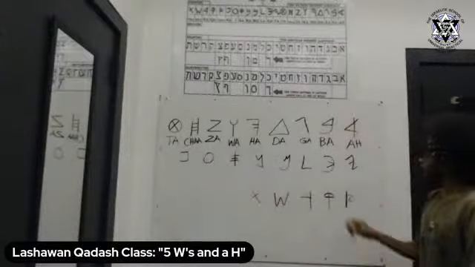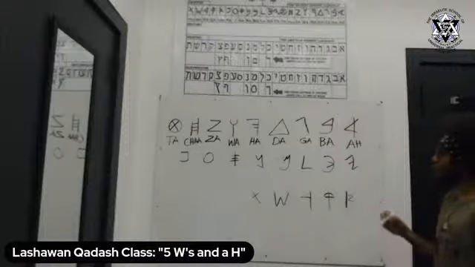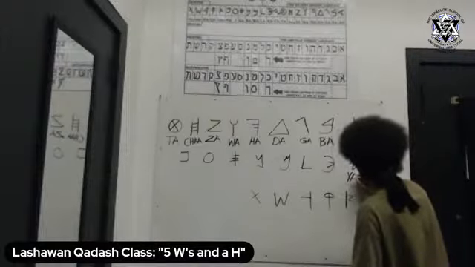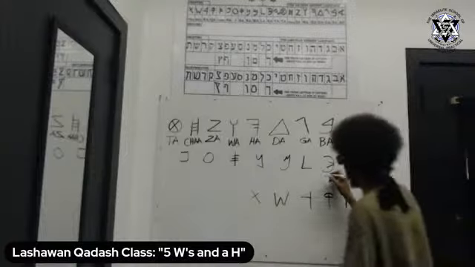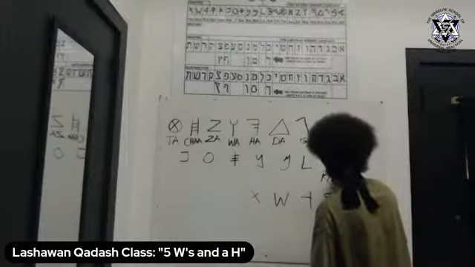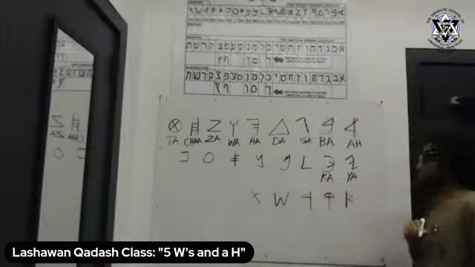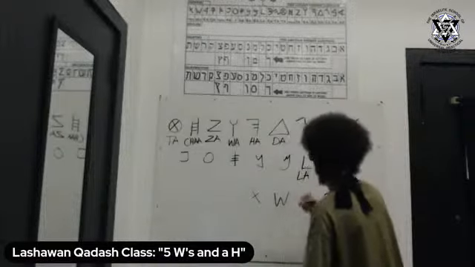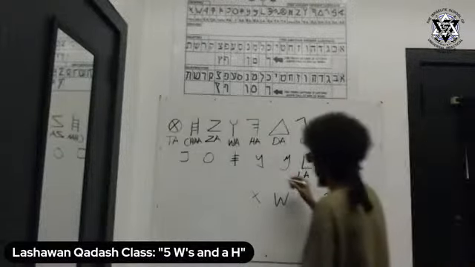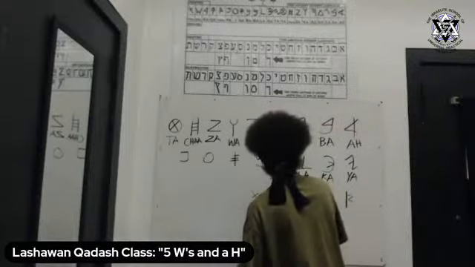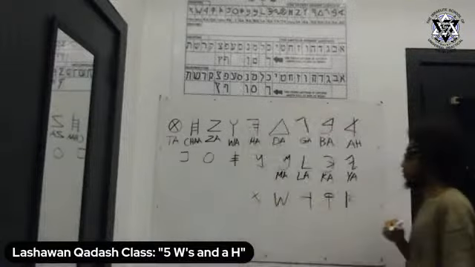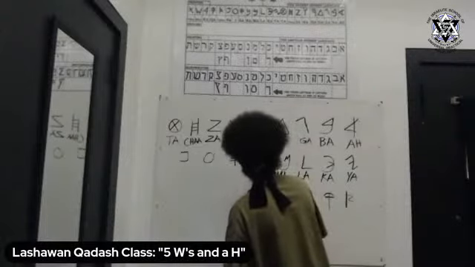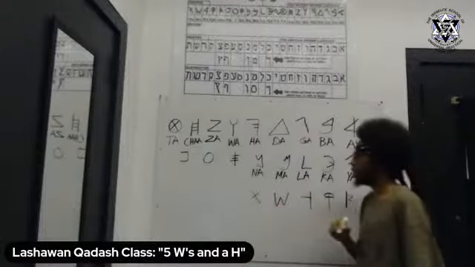What is this right here? YA. What's the next one? KA. Next one? LA. MA. NA.